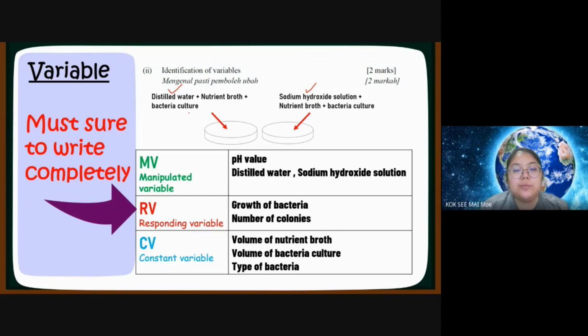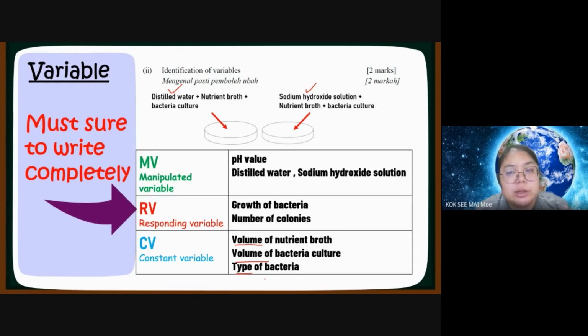Quantity. So you put volume. Volume of the nutrient broth you want to put in, that means the agar, how much volume. Or you say volume of the bacteria culture you want to put in. And the last one is the type of bacteria.